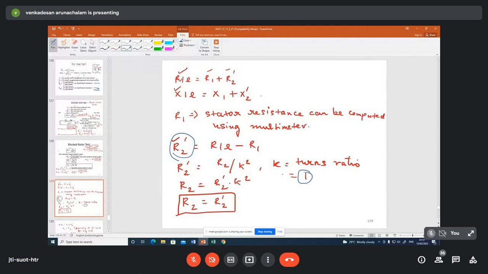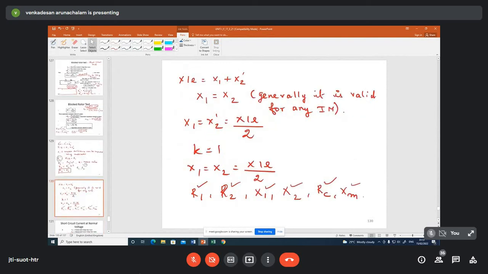The turns ratio in the induction motor is generally 1. If the turns ratio is 1, then R2 becomes equal to R2 dash. So from this analysis, you can get the value of R1 separately and R2 separately. The equivalent resistance we find first, then we separate it into two: the stator resistance we find separately and the rotor resistance we find separately.